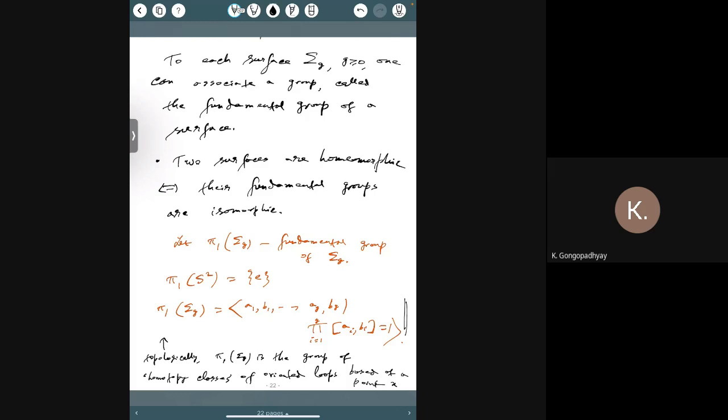So you can think of it as a finitely generated group by 2g generators satisfying this single relation. Okay, so this is one thing that we would need in order to define what is Teichmuller space.